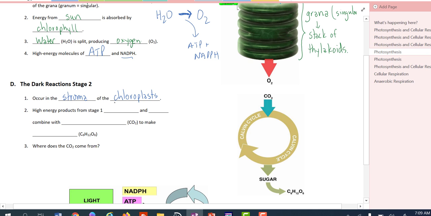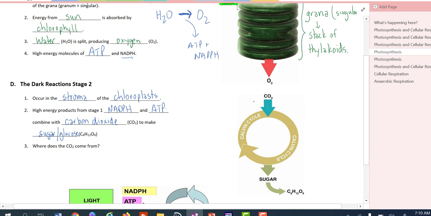And here these high energy molecules from stage 1, these NADPHs and ATP, combine with carbon dioxide to make sugar, specifically our glucose.